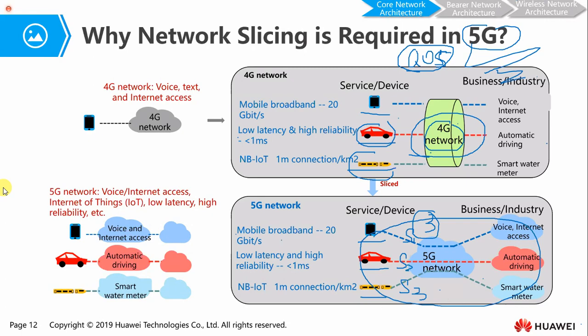Excuse me. Yeah, I just want to give clarification on the number of slices. Usually, we have some functions within the smartphone, within the terminal. One of them is network slice selection assistance information.